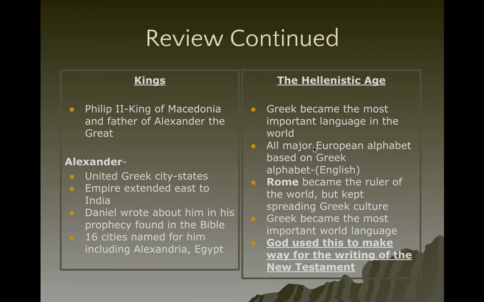We talked about this just a little bit in class because this was the age right before the rise of the Roman Empire. And the language of Greek was very important. It became the language that was very important in almost all of the world at that time.